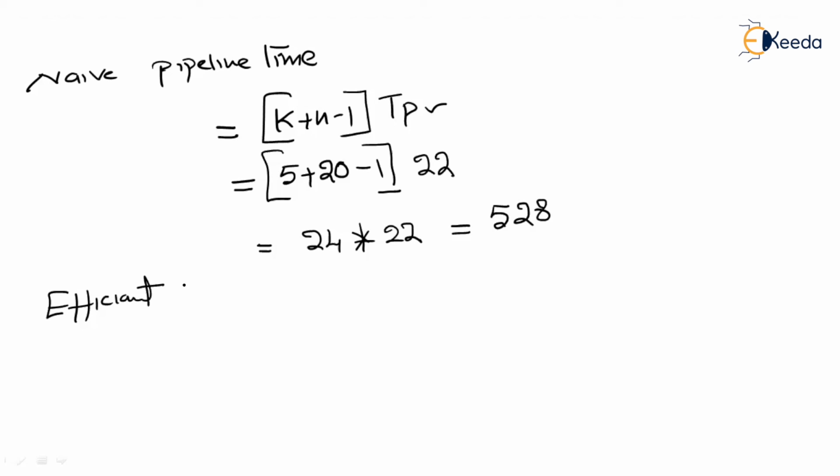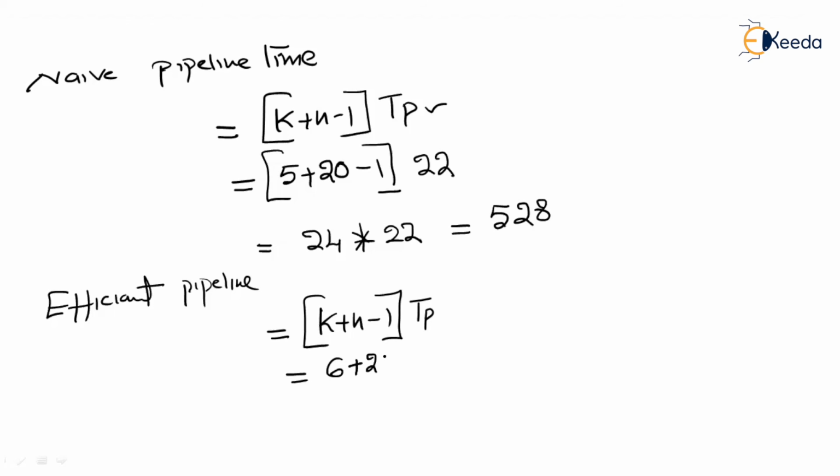So come to the efficient pipeline. Time is equal to K plus N minus 1, into TP. K is equal to 6 here, mind you. The number of stages in the efficient pipeline is 6, plus N will be the same, 20 instructions, minus 1, into TP.